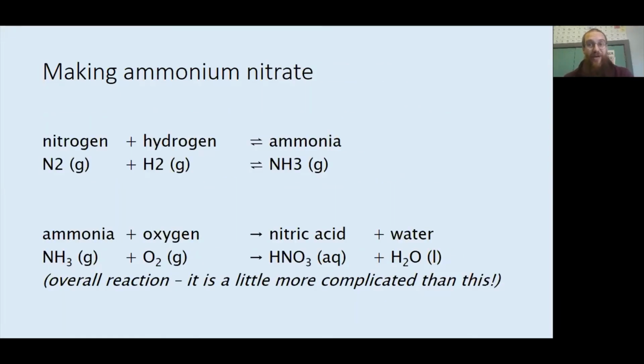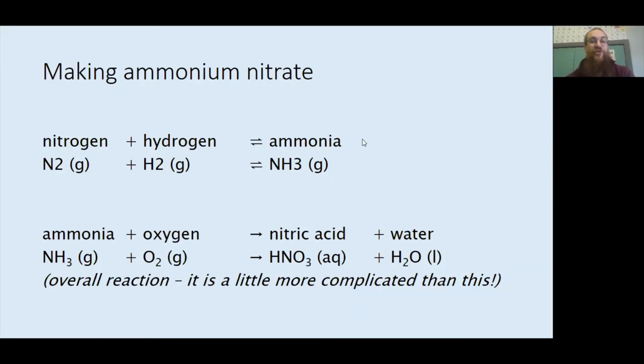Industrially, ammonium nitrate is made in a slightly different way. Rather than just starting off with the ammonia, we make the ammonia and then we also make the nitric acid from the ammonia. So the first step is to make the ammonia, and we're going to do this in a bit more detail. We have the nitrogen gas reacting with the hydrogen gas reversibly to make ammonia.